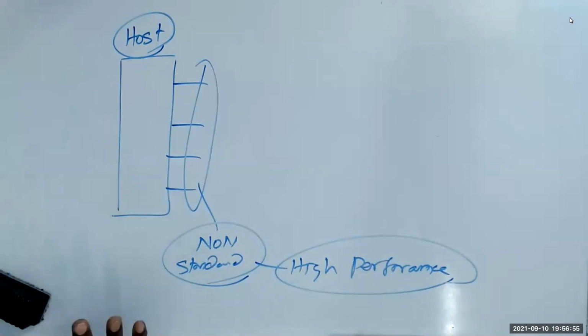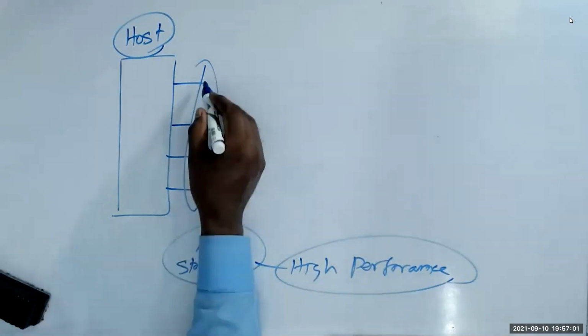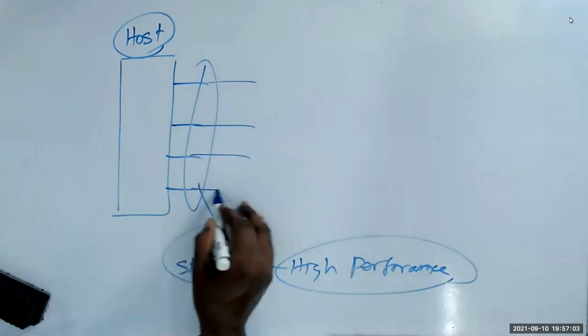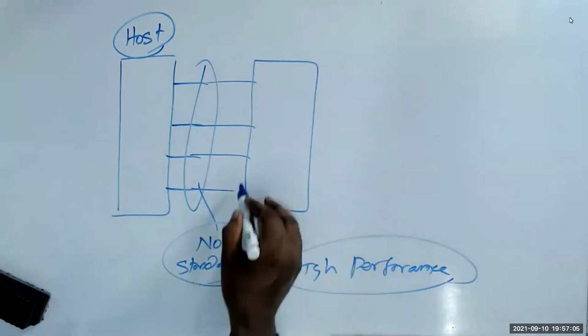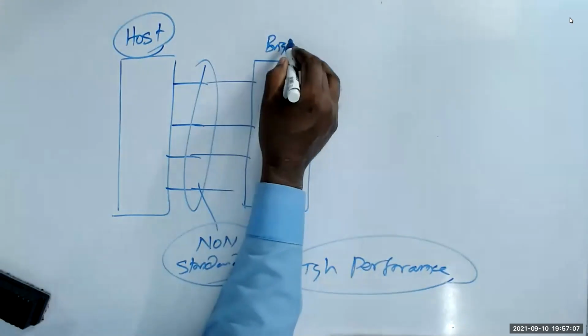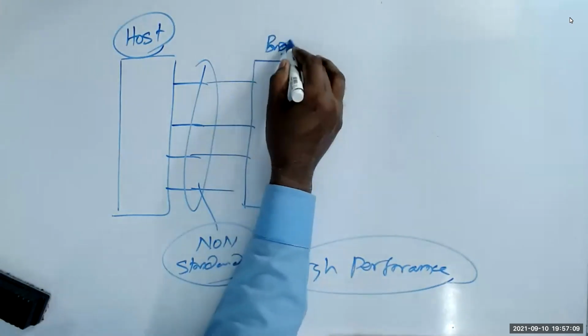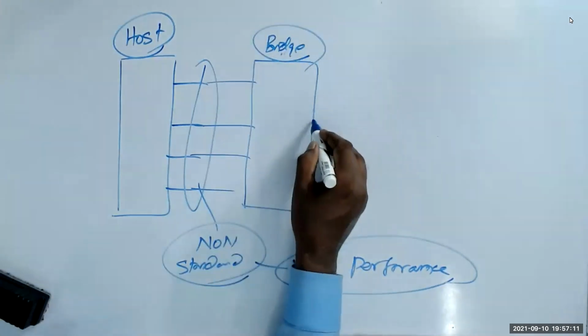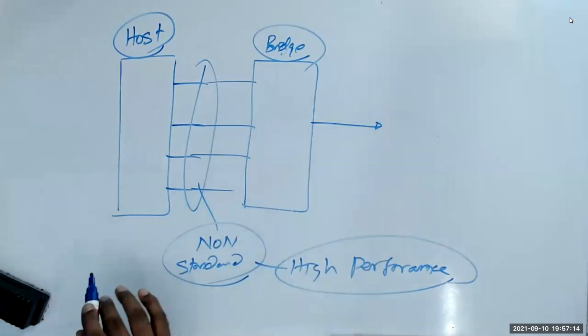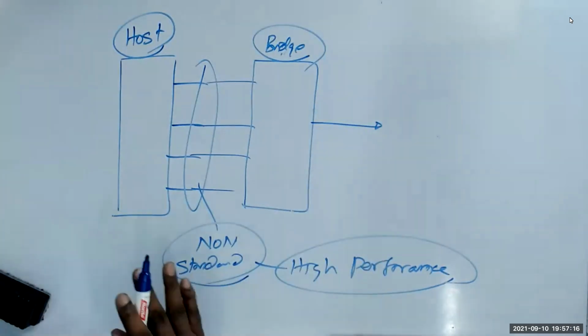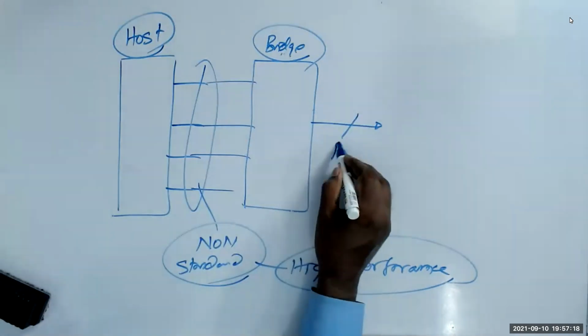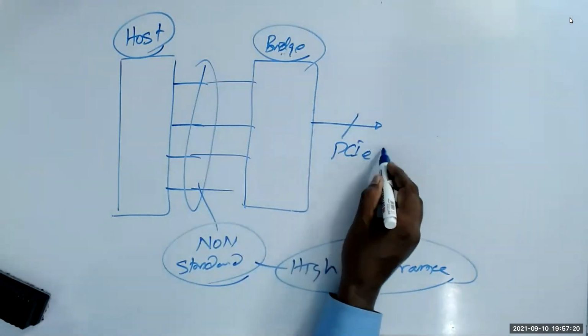All the host buses you cannot connect to everything, because they connect only the memories and so on. Now there will be a bridge. From there you will get the buses. That will be another standard bus, another standard high speed bus, let's say PCI Express or PCI.